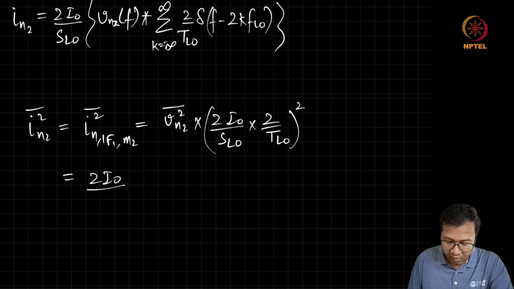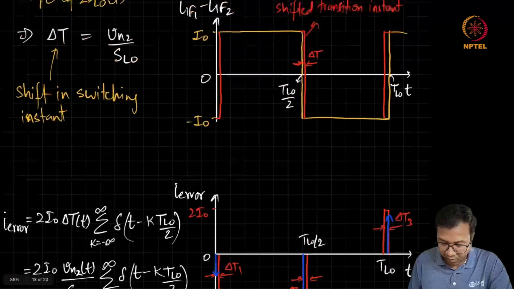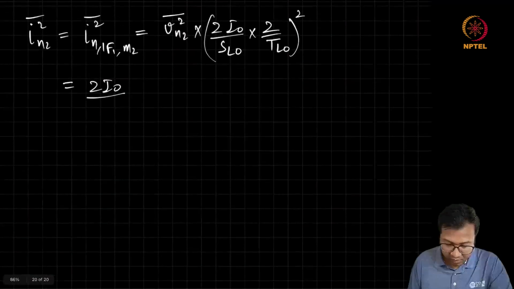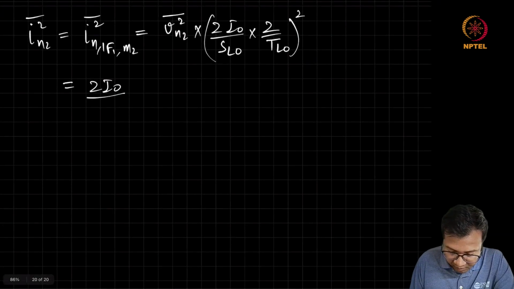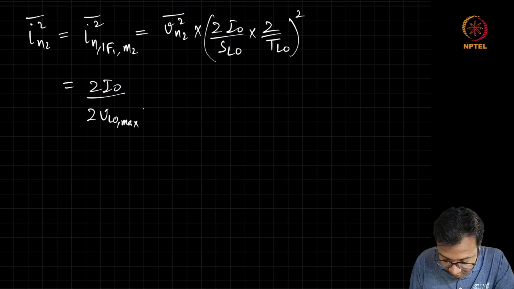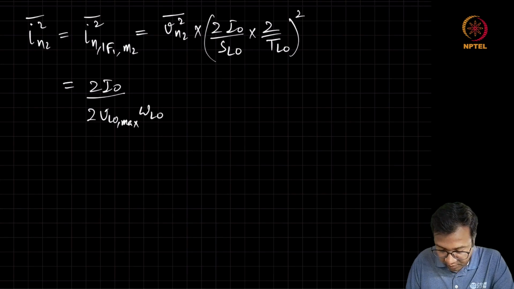So we know SLO we are talking about was the slope of this 2 VLO signal, because we are interested in the difference between VG2 and VG3. So this is going to be equal to 2 VLO max into the omega LO.